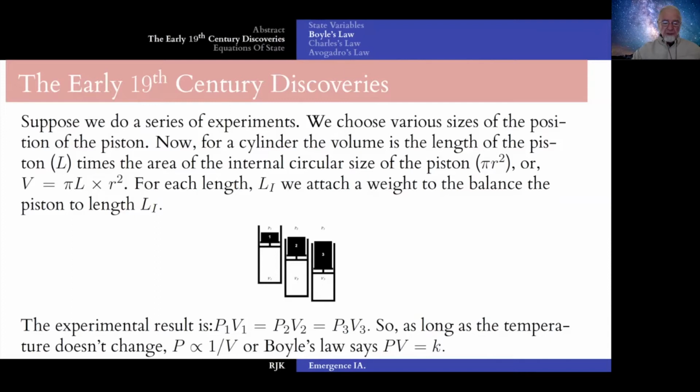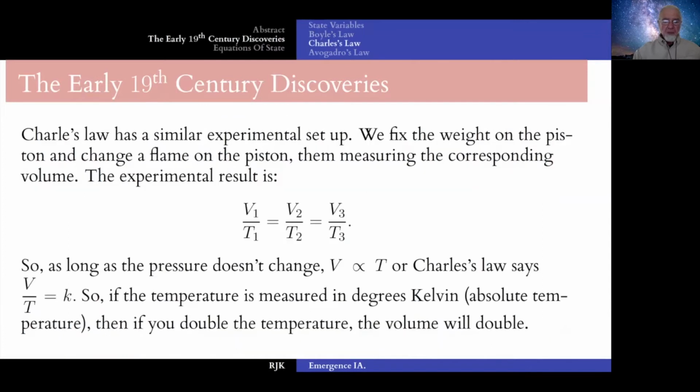So Boyle's law says that pressure times volume equals a constant. And Charles' law has a similar experimental setup. You fix the weight on the piston, you don't change the weight, you simply change the temperature of the flame on the piston, for example. And you then measure the corresponding volume that results.